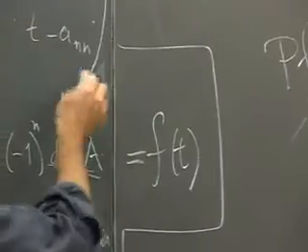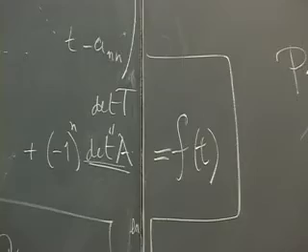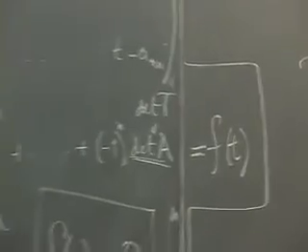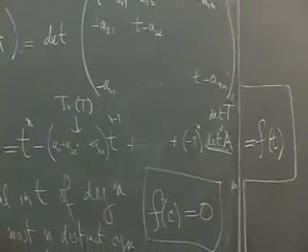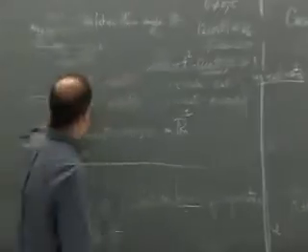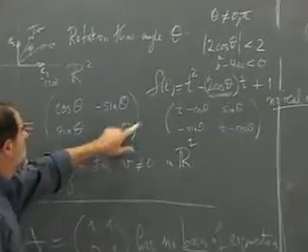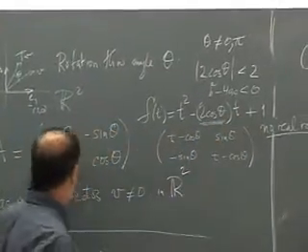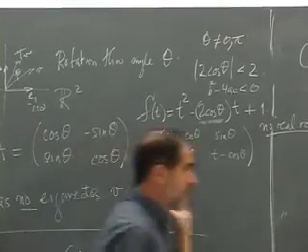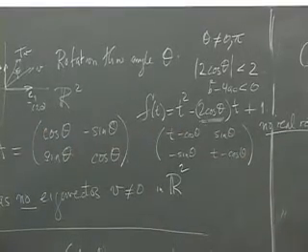Those two terms, all the coefficients, depend only on T, not on the matrix A. So here I could see that the term was this because that's the trace of this matrix, and the determinant of this matrix here is 1, cosine squared plus sine squared. So in general, you get this formula.